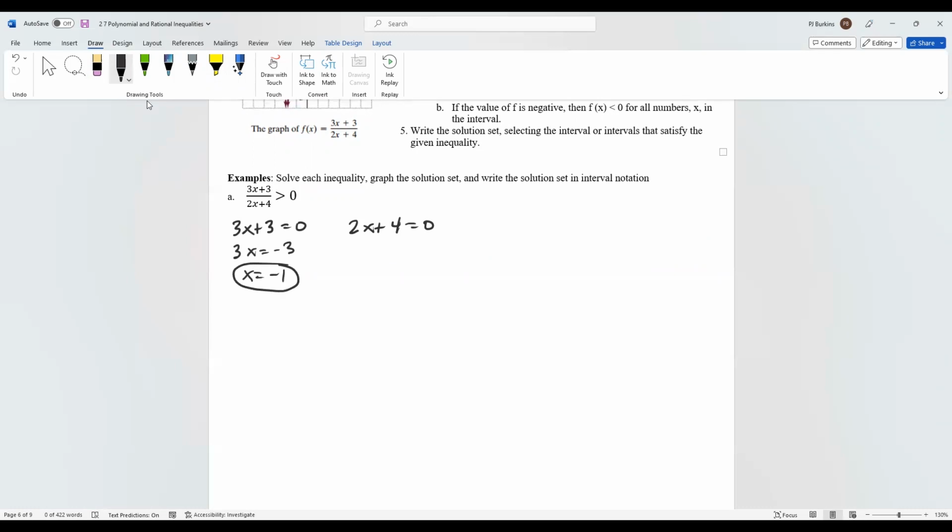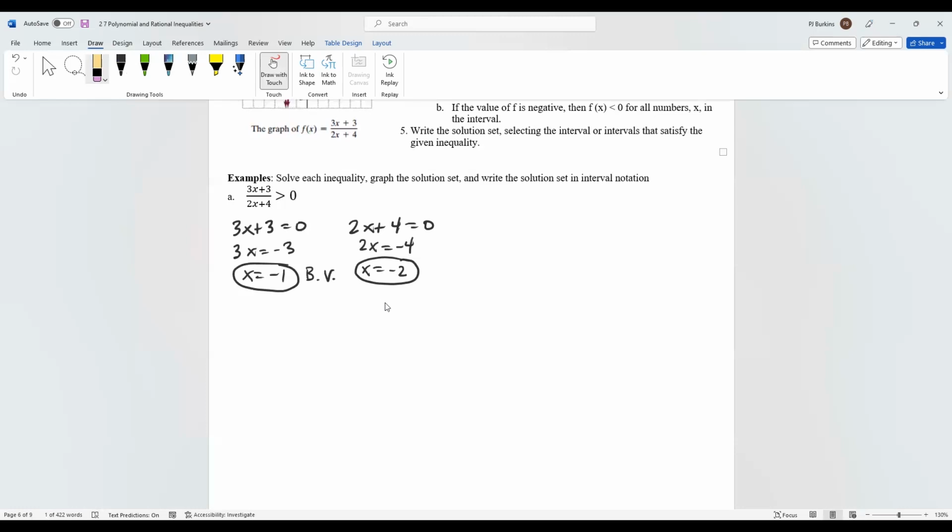And then over here, move the 4 over and get -4, then divide by 2 and get -2. So these are our boundary values. Remember that this one is not included, even though right here it doesn't matter necessarily. Okay? Now, when I say not included, I mean in the solution set. All right?